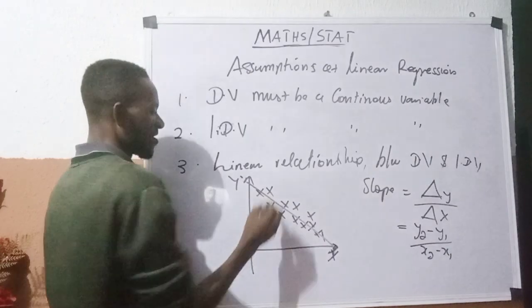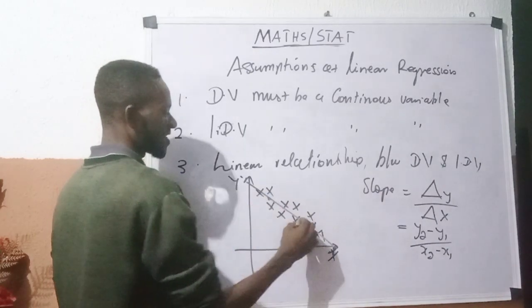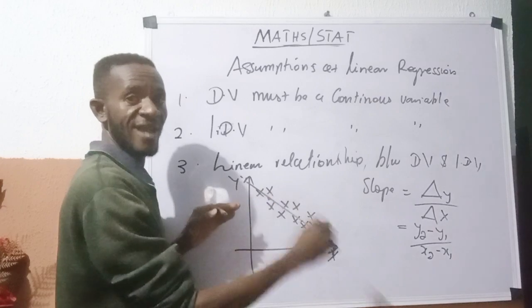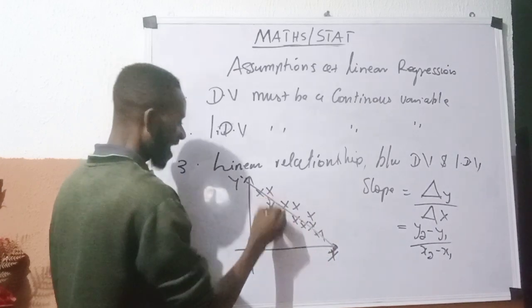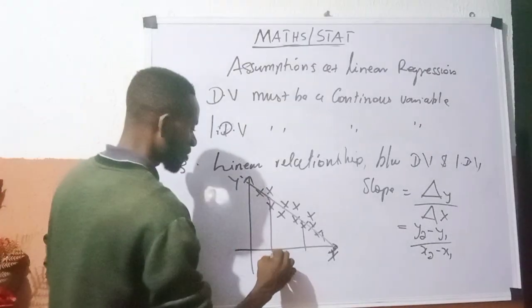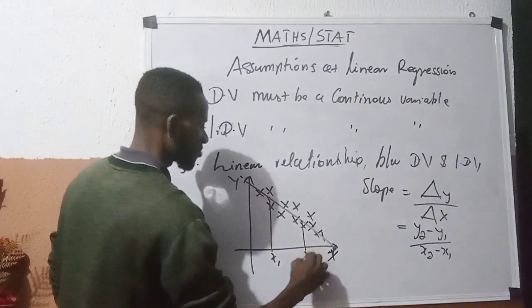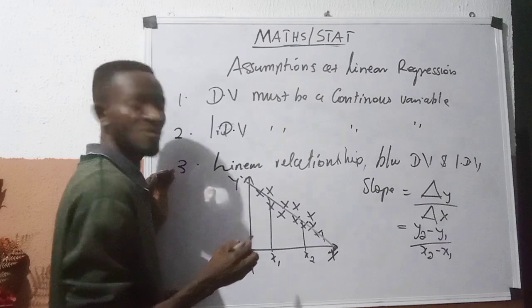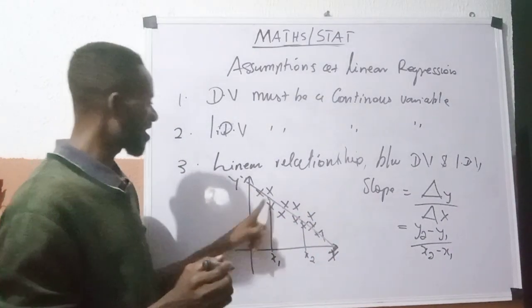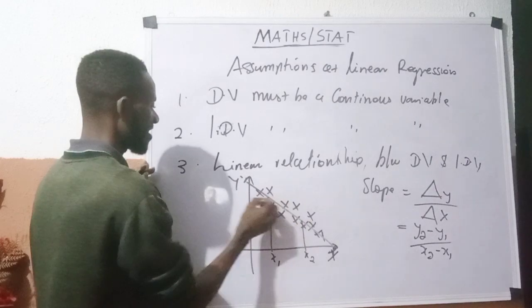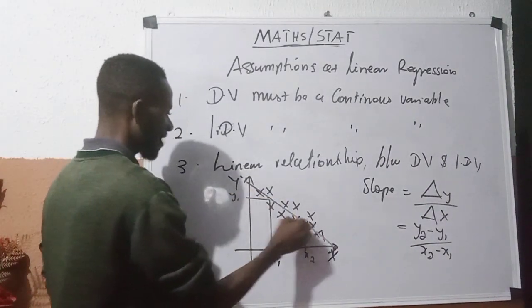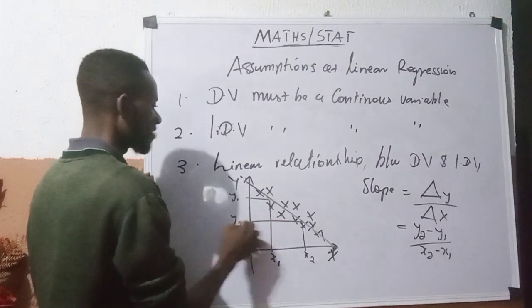Because if you want to take the slope, you make a point here and a point here, any two places on the line. Then you draw down to here. Here becomes your x1, here becomes your x2. When it was x1, look at my y1 here. And when it was x2, look at my corresponding y2.